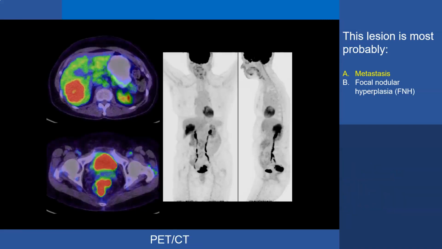If PET-CT is available, then this is also a way to differentiate between the two lesions. Metastasis will show uptake of the FDG, while focal nodular hyperplasia will not. In this case, we see also the uptake of FDG in the primary rectal carcinoma.